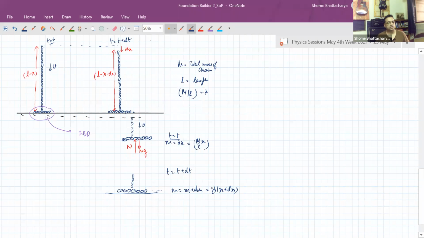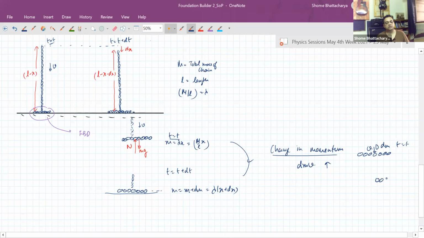So the change in momentum from here to here, the change in momentum of that portion on the ground is dm into v upwards. Because what was happening is that this dm was traveling down with the speed v at t equal to t, and now that dm is on the ground, it's at rest.